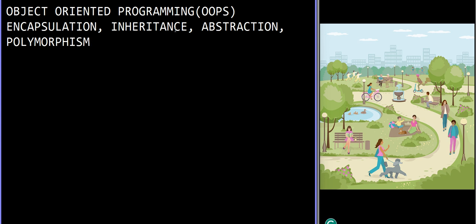So we have four concepts like this, and before going deep into it, we should know about class and object. A class is a collection of variables and methods, and an object is an instance of a class. After that we should know about some variables.